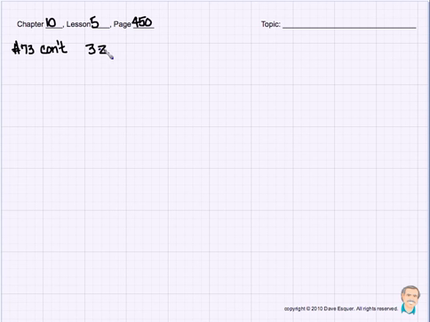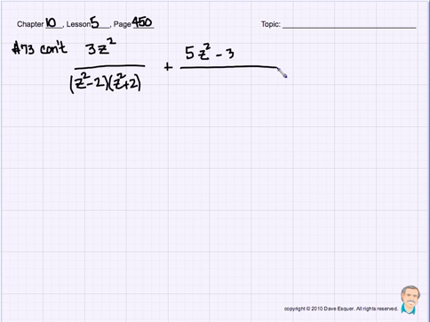So our problem now looks like 3z squared divided by z squared minus 2 times z squared plus 2, plus 5z squared minus 3 divided by z squared plus 2 and 2z squared minus 3.